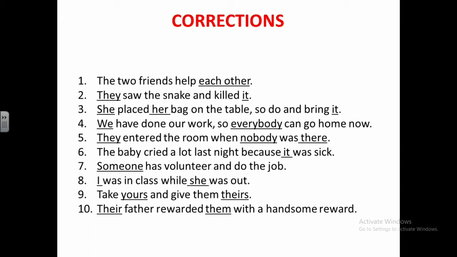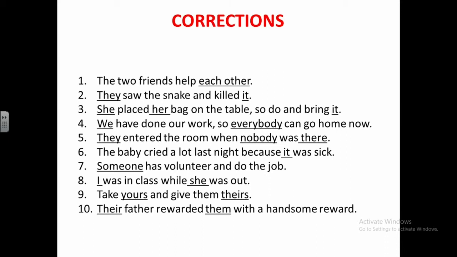4. We have done our homework, so everybody can go home. We and everybody are the pronouns in sentence 4. Sentence 5, they entered the room when nobody was there. The pronouns there are they, nobody, and there.